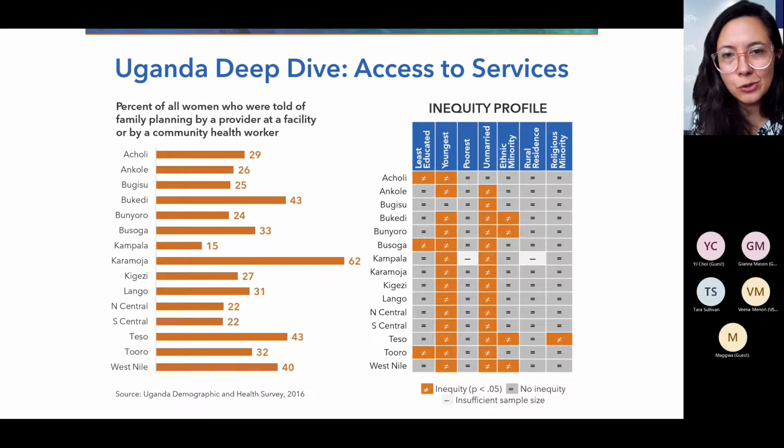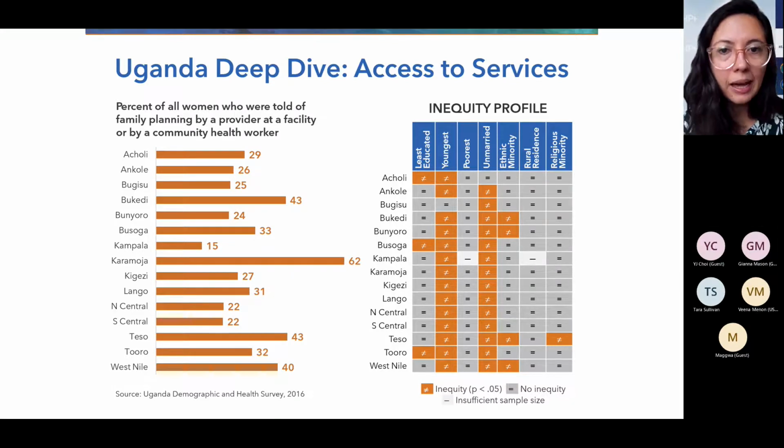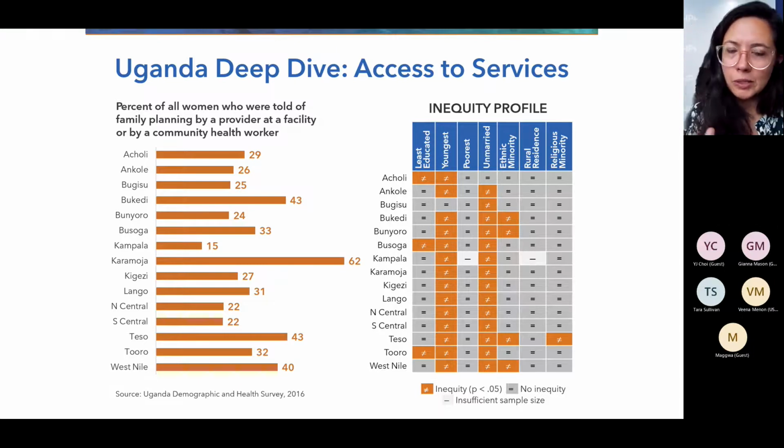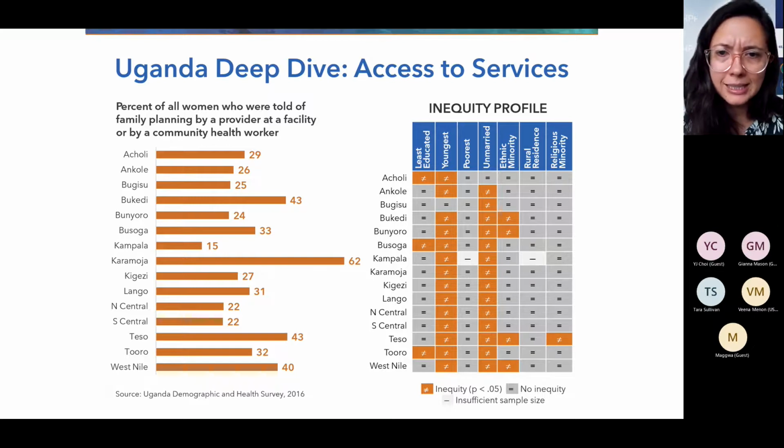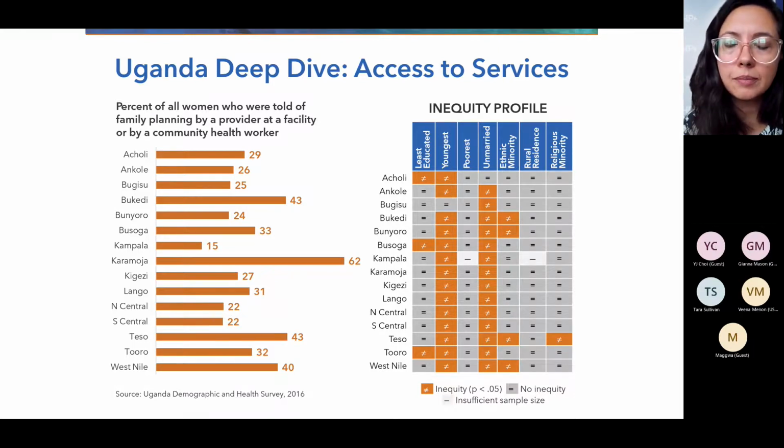So when it comes to access to services, the youngest women in almost every single region experience an inequity in this domain, as do unmarried women. We have a bit more scattering of orange under least educated and a couple of ethnic minorities, but really the takeaway message is that clearly the youngest and unmarried groups are experiencing the most inequitable outcomes with respect to access to services.